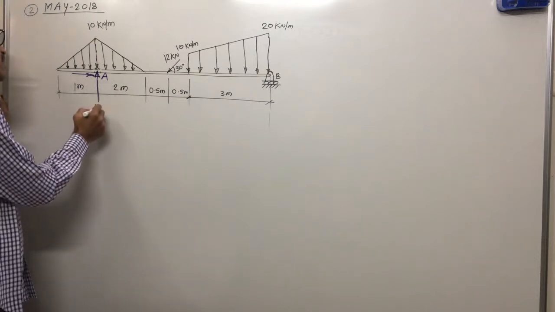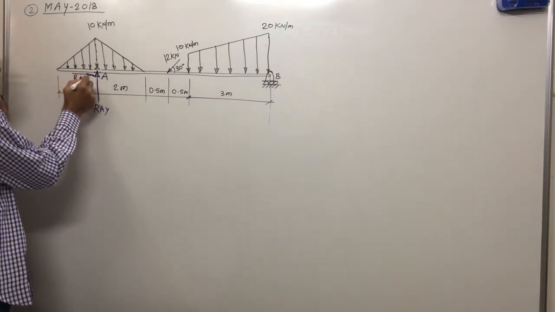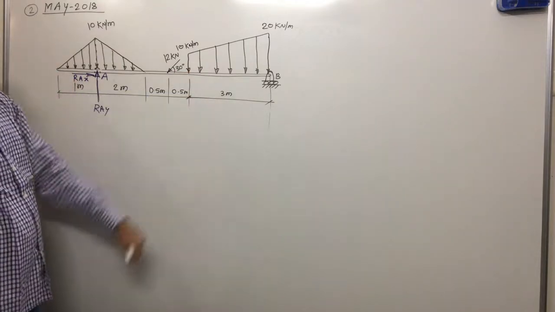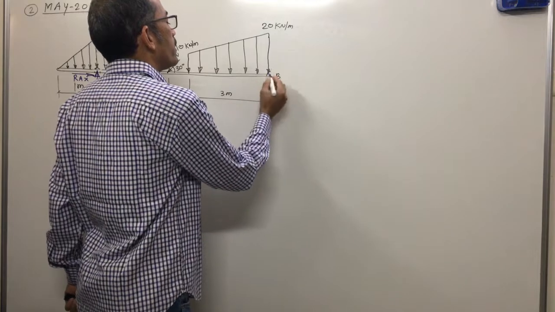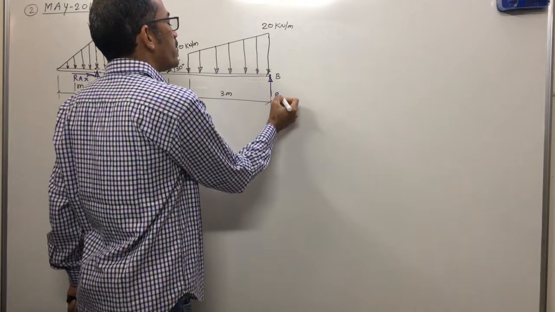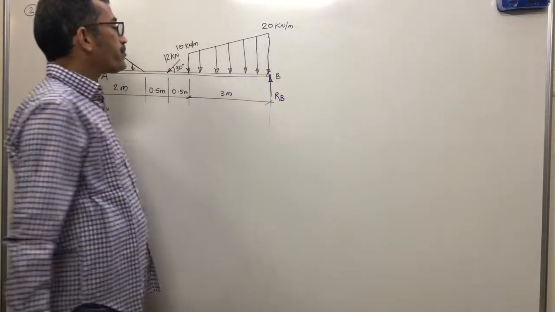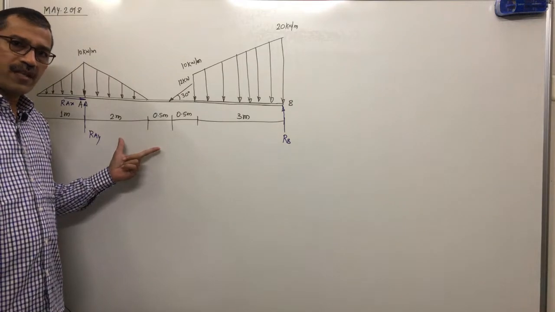Support is A, so this is RAY and this is RAX. Supported with a roller support, at the roller support we will get only one reaction, perpendicular to the contact surface. That means this is RB. Clear? Are you all done? Yes.